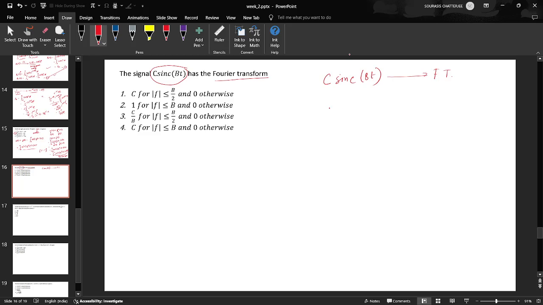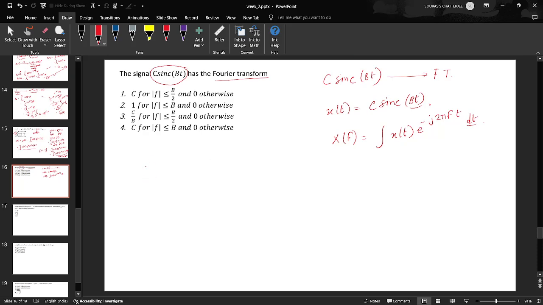So x(t) is given as c sinc bt, right? So X(f) is going to be x(t) e to the power minus j 2 pi f t dt, right?